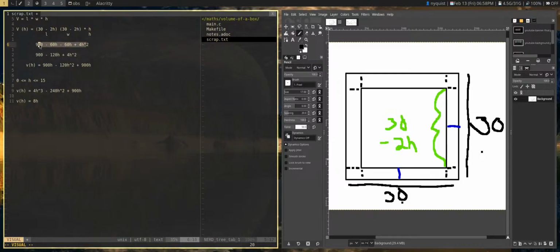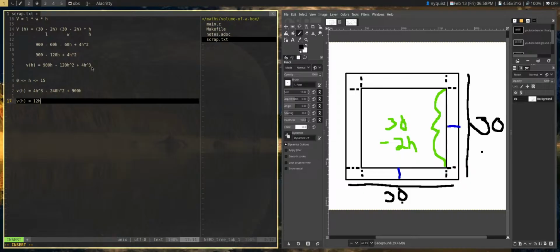So this is right, but the problem is we didn't multiply everything. We'd multiplied everything by h, but it should be 900h minus 120h to the power of 2 plus 4h to the power of 3. That's why things were looking kind of funny.